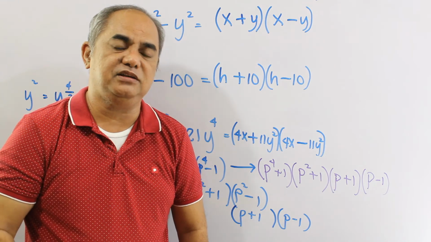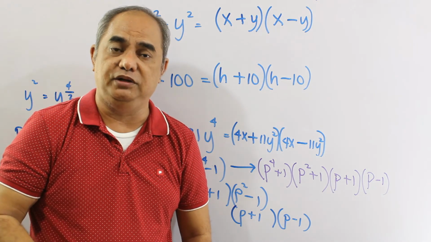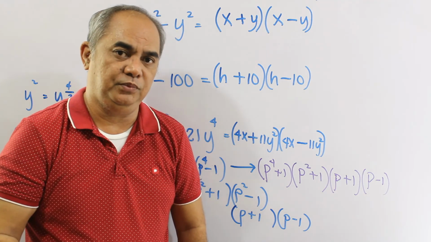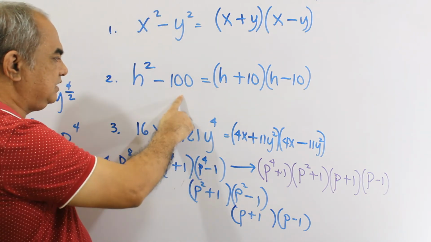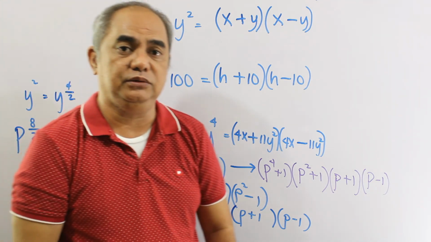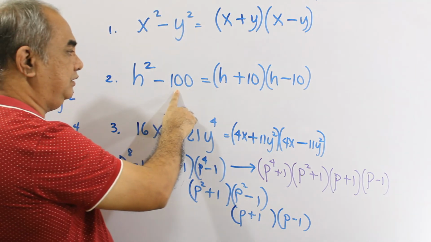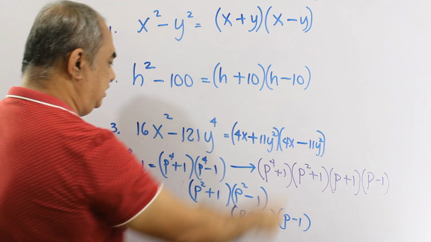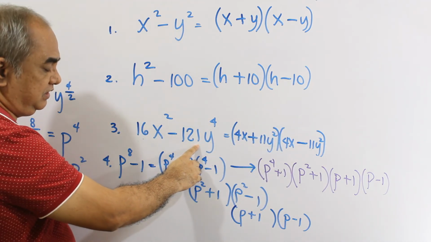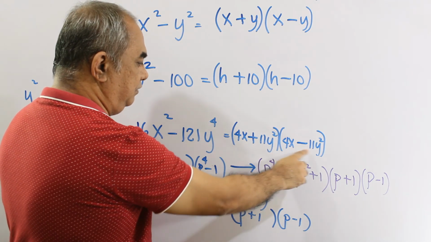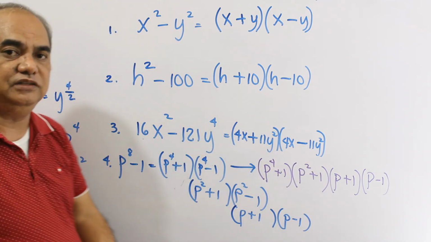And when that happens, all you have to do is divide the exponent of the variable by 2. Always by 2. What about for a constant? For a constant, you simply find the square root of that number. Let's say 100, the square root of 100 is 10. That's why we have 2 tens here. The square root of 121 is 11. 11 times 11 will give us 121. That's why we have 2 elevens here. And so on and so forth.